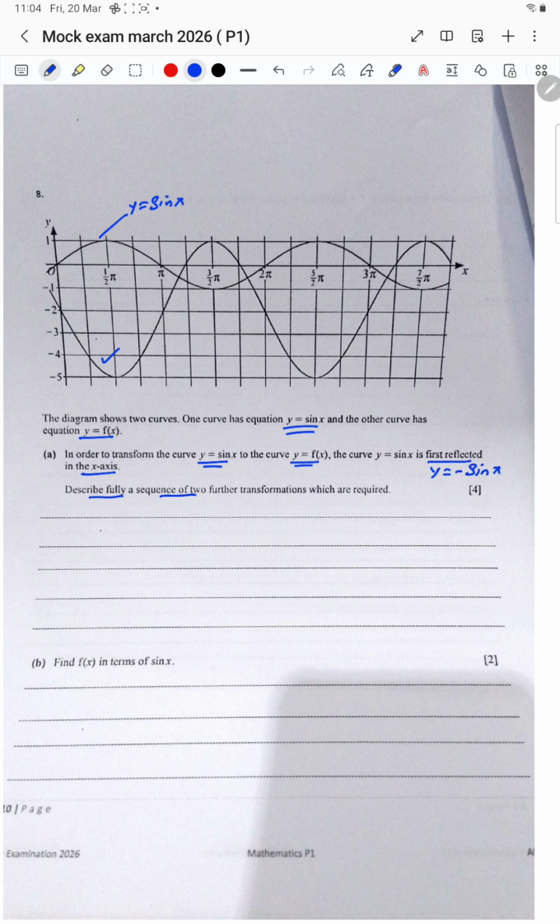Describe fully a sequence of two further transformations. One has been given to us, reflection, which is required to get this shape.